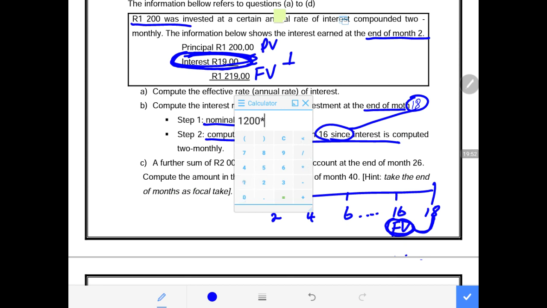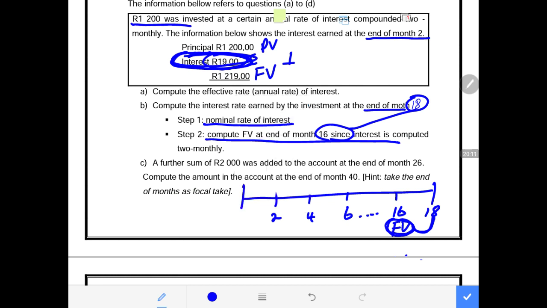Let me say times by 1.58 divided by 100. 18.96. If we round off that 18.96, it gives us 19. That is where that 19 rand comes from, and that is how it was manually calculated.